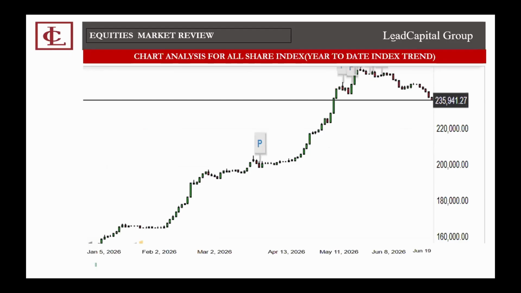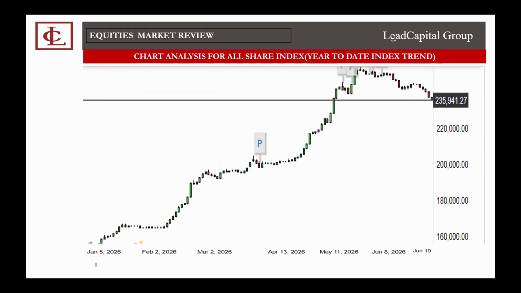For the chart analysis for the year-to-date index trend, the market recorded significant year-to-date growth, advancing from approximately 155,000 to 250,000 points, reflecting strong investor confidence and sustained buying interest. After reaching new highs, the market experienced a moderate pullback as investors began to lock in profits.